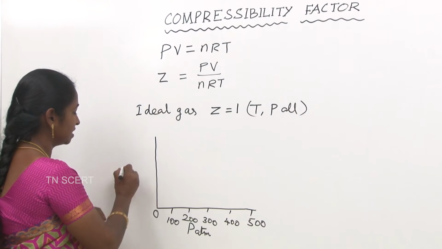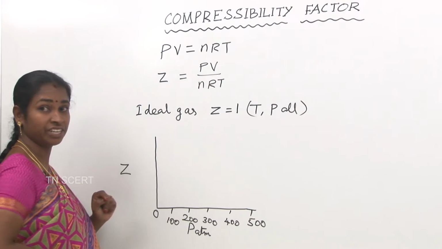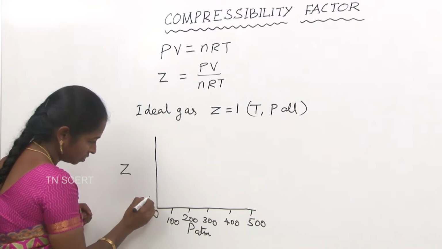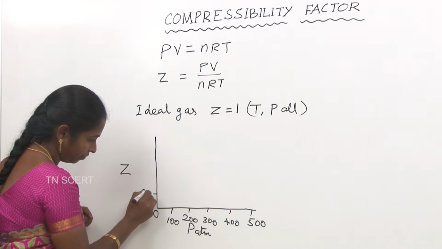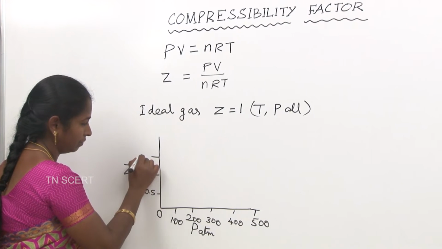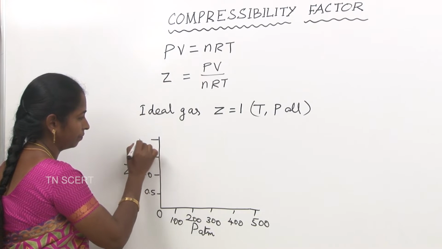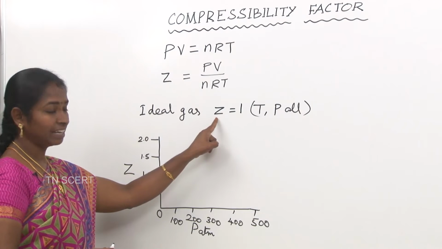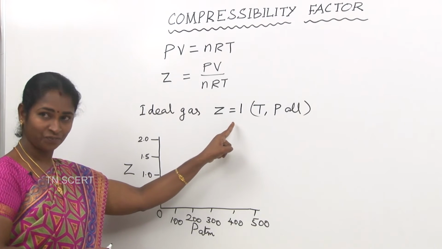And in this axis Z is taken. You know Z is PV by nRT. 0.5, 1.5 and 2. For ideal gas, Z is equal to 1.